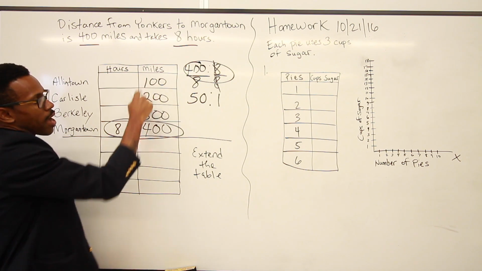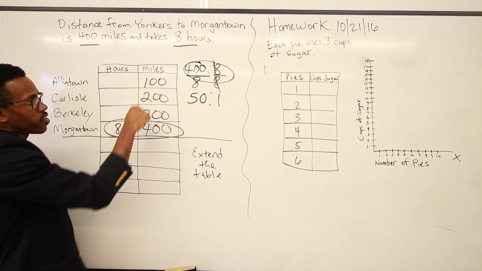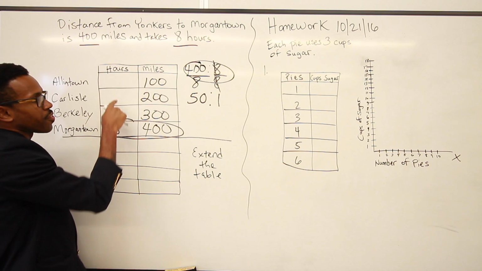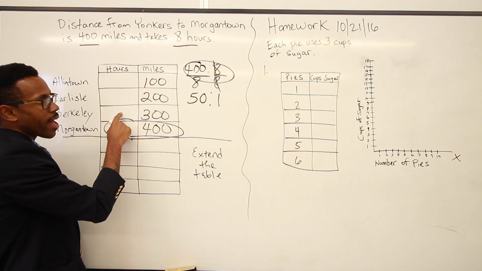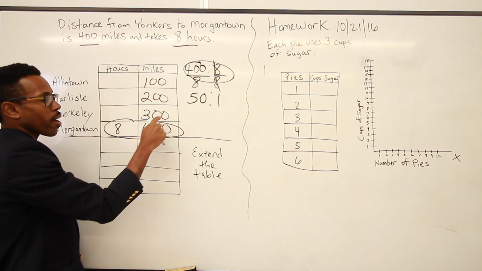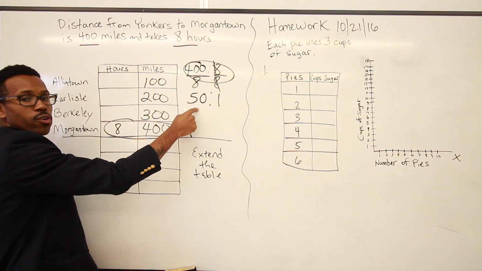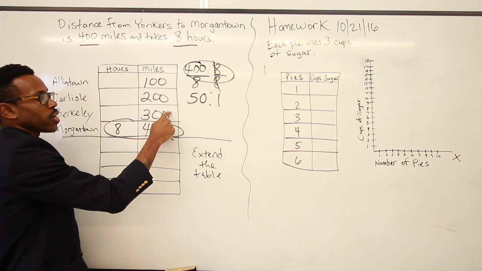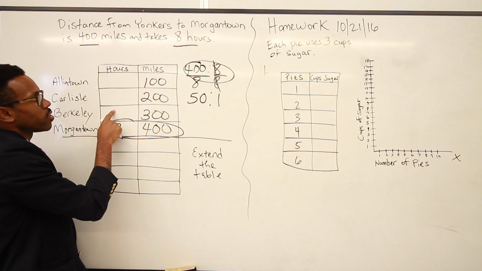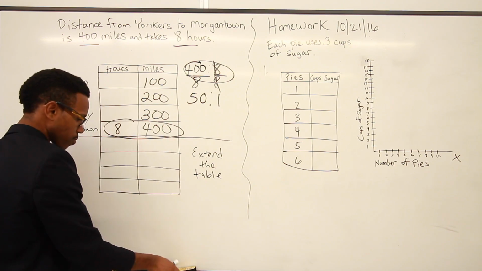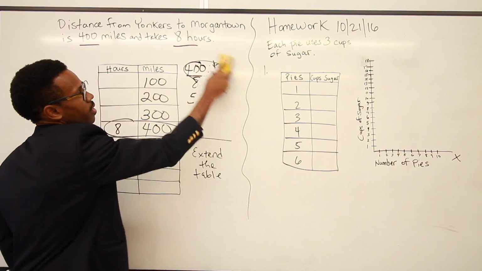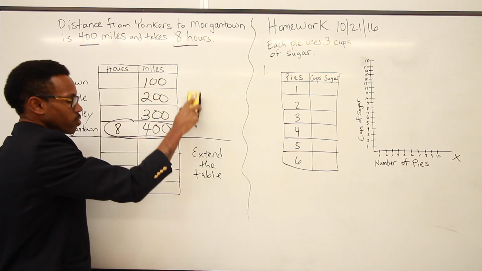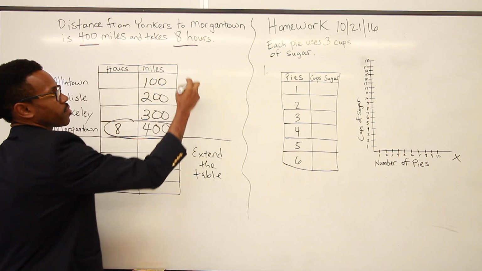Now, we have the miles given to us in all the rest of the table, and we just have to figure out the hours. By doing that, we continue to divide by our ratio value of 50. So for 300 miles, how would we figure out the hours? Just as we did in class, we continue to divide by 50.